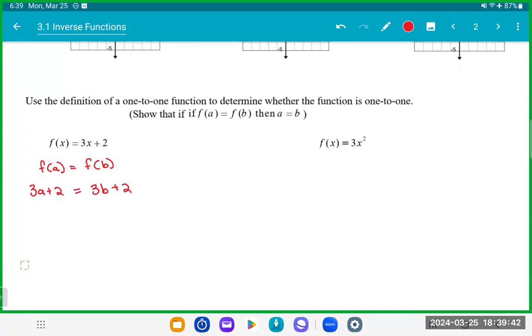We'll simplify this. We can subtract 2 from both sides, and we end up with 3A equals 3B. Divide both sides by 3, and we get that A is equal to B. So because these two conditions are met, yes, that is going to be one-to-one.